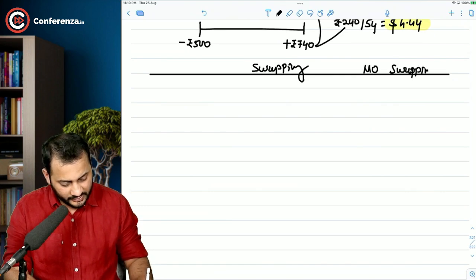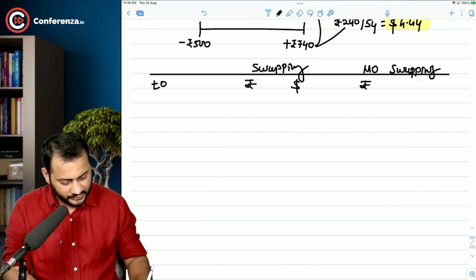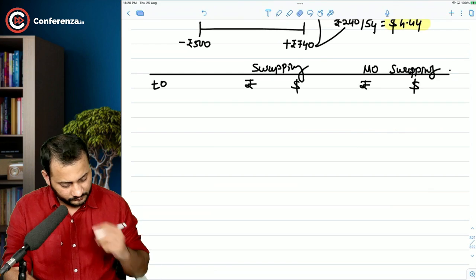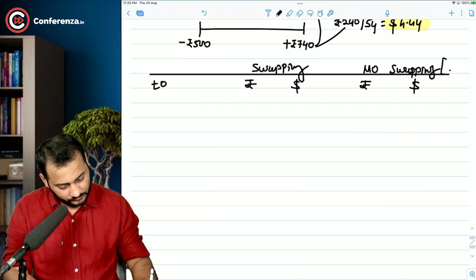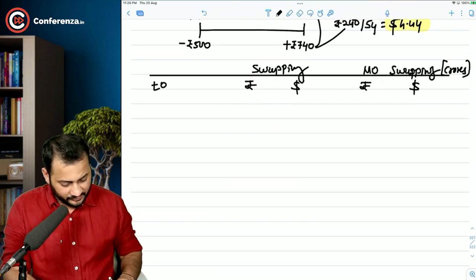I will tell you what are the transactions that will happen at time t0. This is rupees, this is dollar, this is rupees, this is dollar. Everything is in crores. Okay, understand what will happen at time 0.